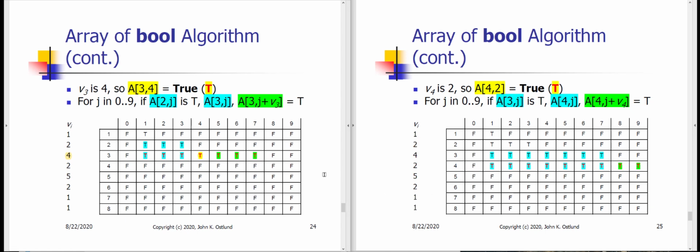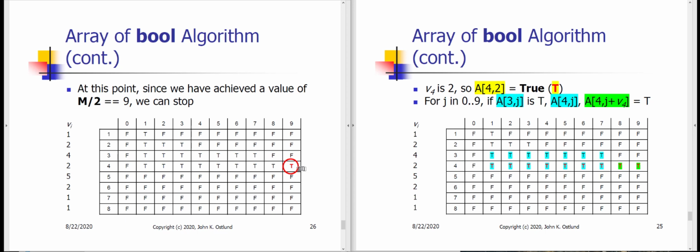And once again, because we have found that we can achieve the value of 9, we're done. We don't need to bother considering any of the other values in our multiset. We have proven that we can partition the multiset by creating one partition whose value is m over 2. And therefore, logically, the remaining unused items must also give us a value of m over 2.